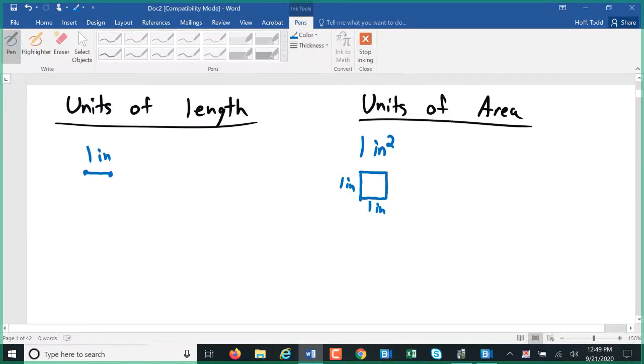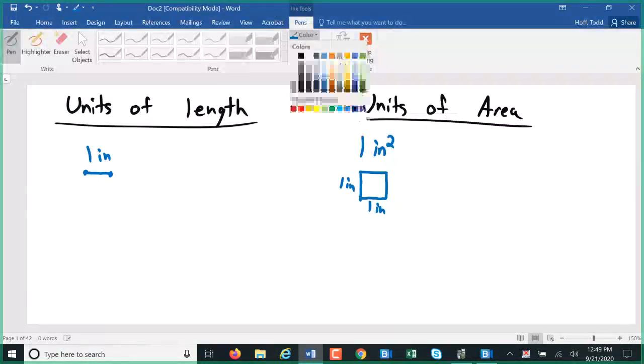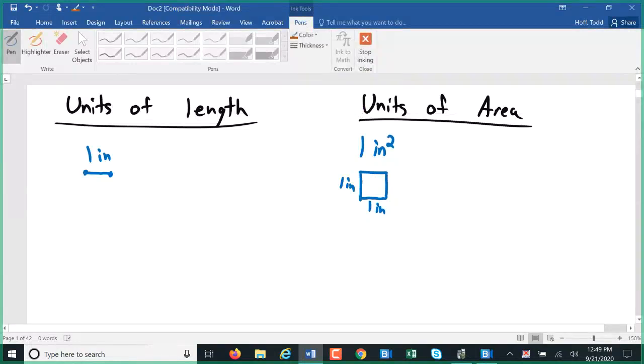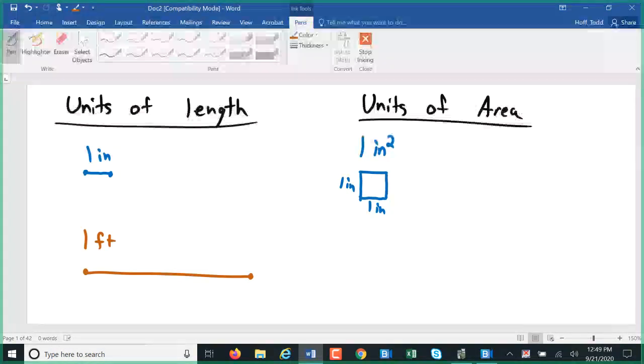Now with inches, from one to the next, there's really not a whole lot to convert. But if we go up to the next unit of length, 1 foot. Now I'm not going to draw these to scale, but 1 foot just means from where we start to where we stop at the other end of that line is 1 foot long.